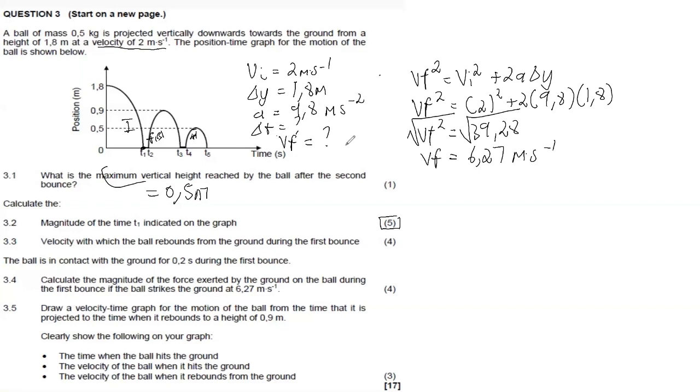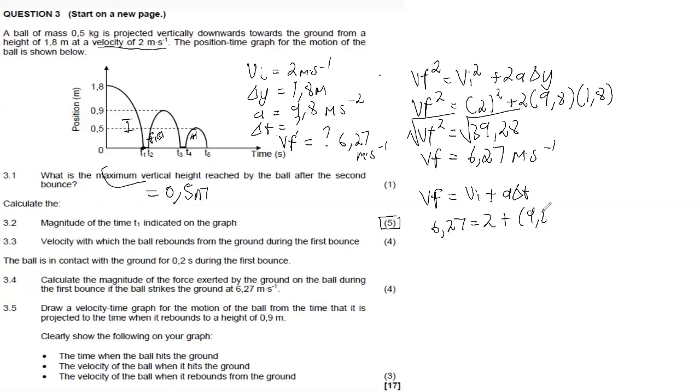Right. Now that I have my V final, let me include it here: 6.27 meters per second. So that means I can now use the V final to calculate the delta T by using another formula. VF equals VI plus A delta T. So substitute 6.27 here, and V initial is still 2.